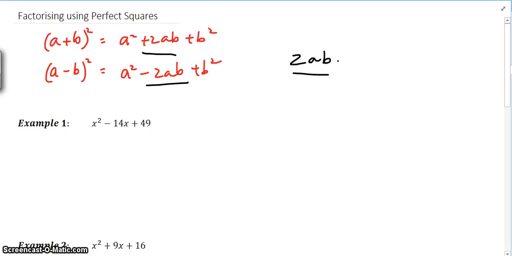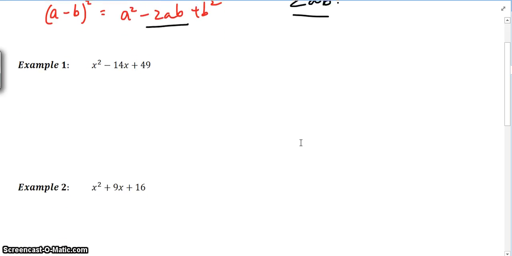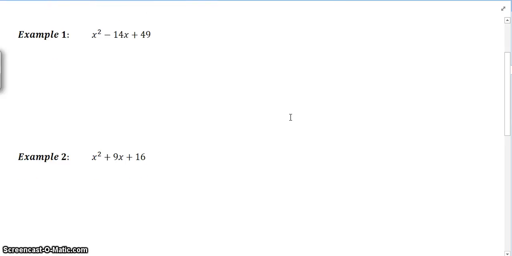What I mean by that is we'll take this over to an example. The first one is x squared minus 14x plus 49. Let's have a look at what the a value is. The coefficient of x squared is just 1, so the a value is 1. And what is the b value?